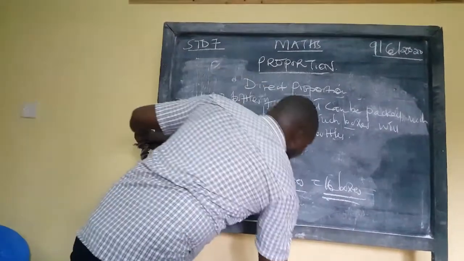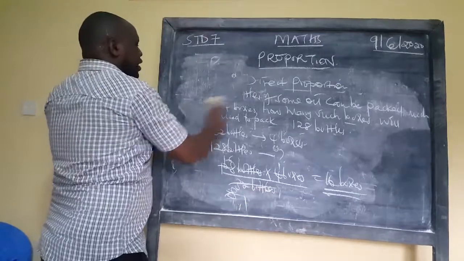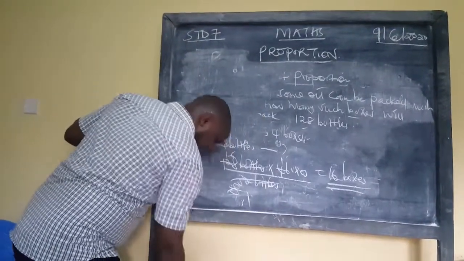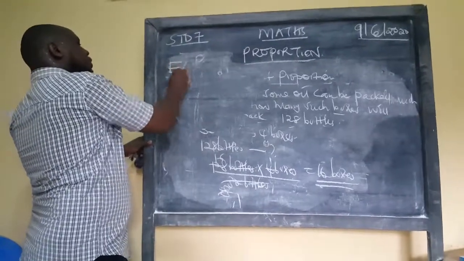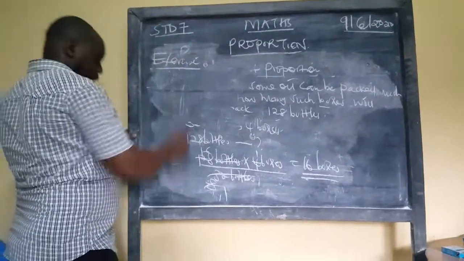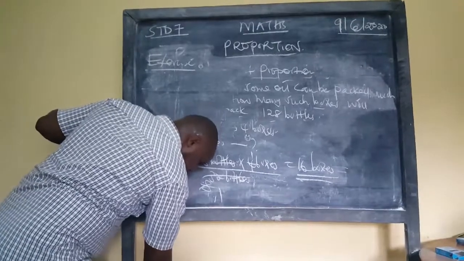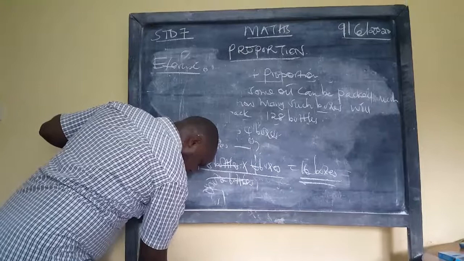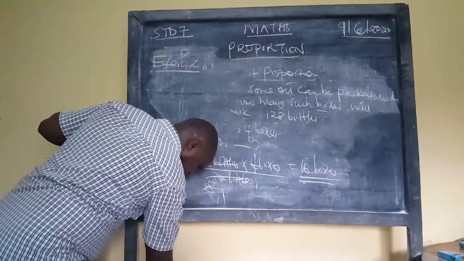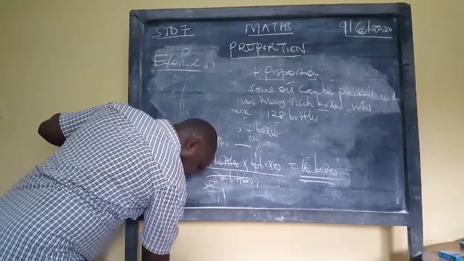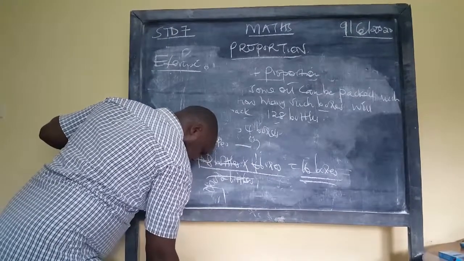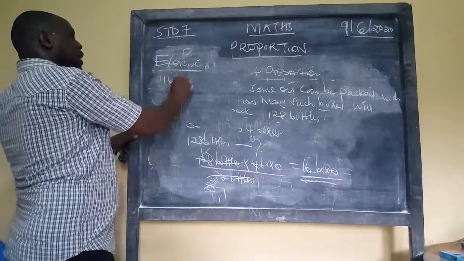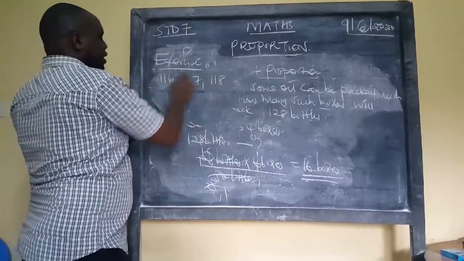So with that, I want us to stop at that point. Not examples, but exercise. I want to give you exercise. So you do for me exercise 116, 117, 118.